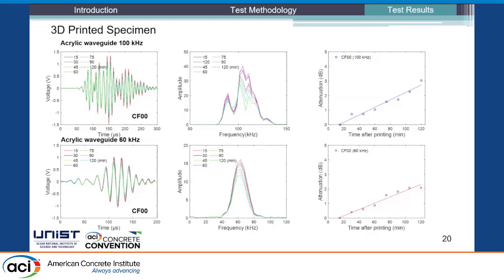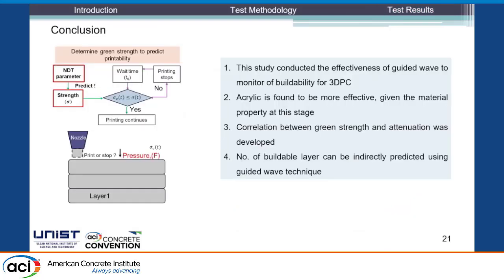And moving on, I would like to conclude that we have an attenuation parameter which can predict the green strength at some point of time, and with this we can say whether our printing should continue or stop and wait for some time.